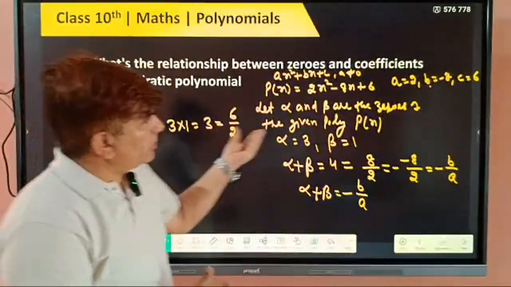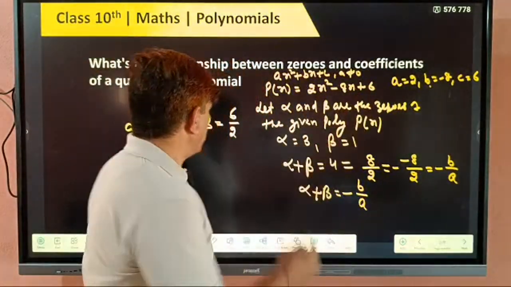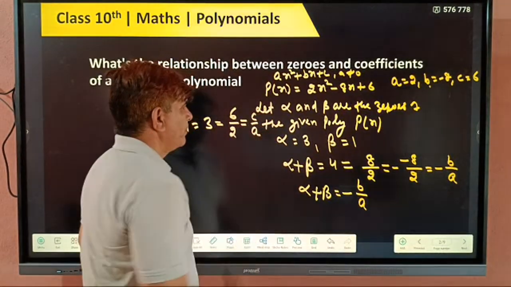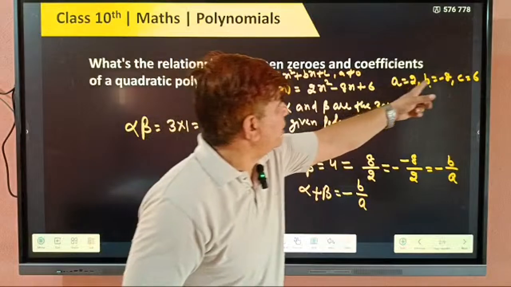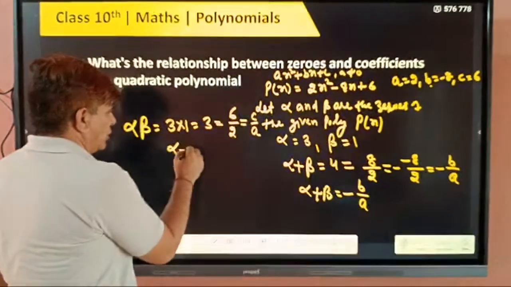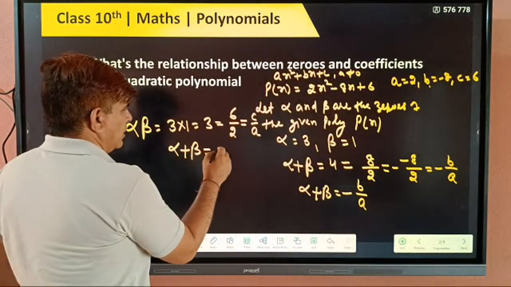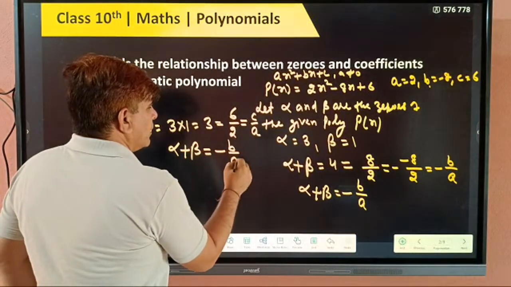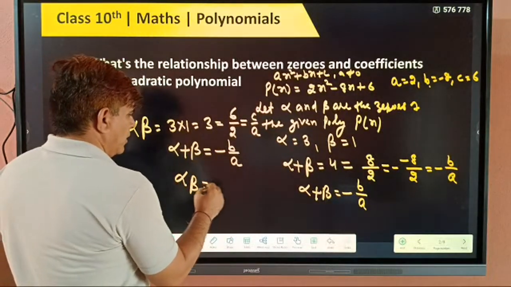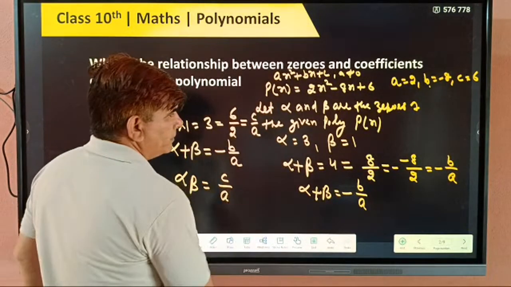This is equal to 3 because here it is 6. So this is equal to C by A. What's your C? C is, look here. And what's your A? So this is the relationship between the zeros and the coefficients of a quadratic polynomial. Alpha beta equal to C by A.